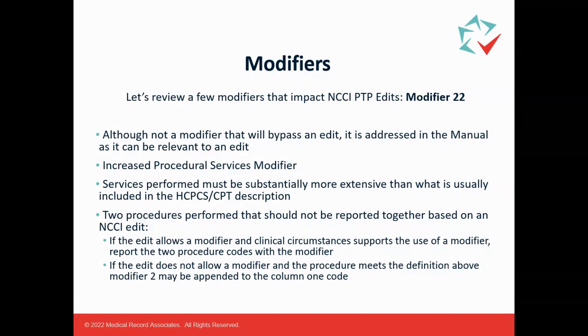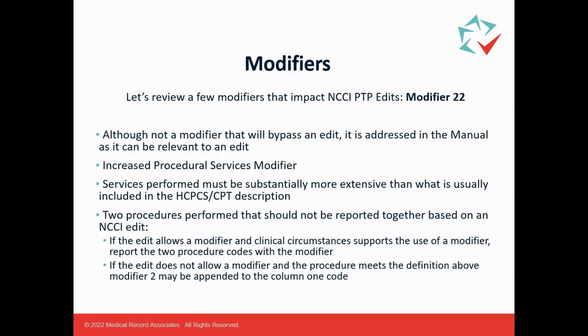For 2 procedures performed that should not be reported together based on an NCCI edit, if the edit allows a modifier and clinical circumstances support the use of a modifier, then you should report 2 procedures rather than the modifier 22 on one procedure. If an edit does not allow a modifier and the procedure meets the definition above, modifier 22 may be appended to the column 1 code.